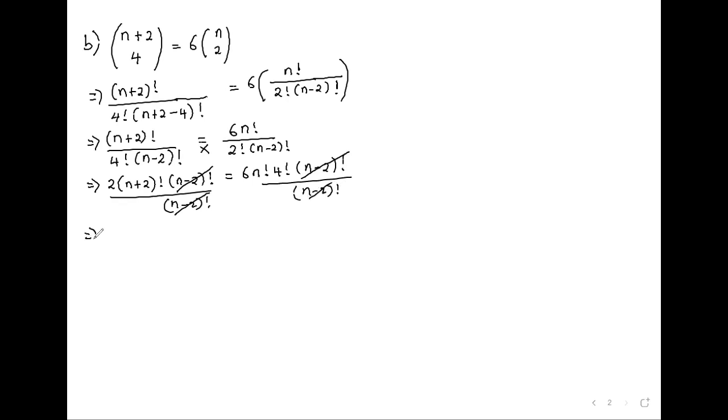Maybe we should also divide by 2, so that the 2 goes here and reduces this 6 to 3. So that now we have n plus 2 factorial is equal to 4 factorial.